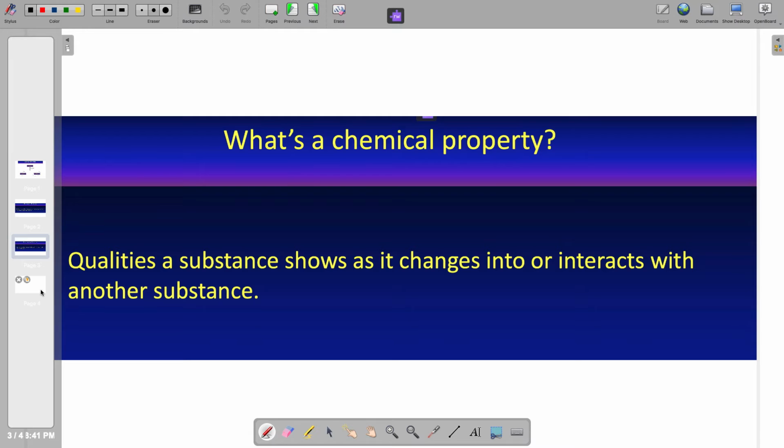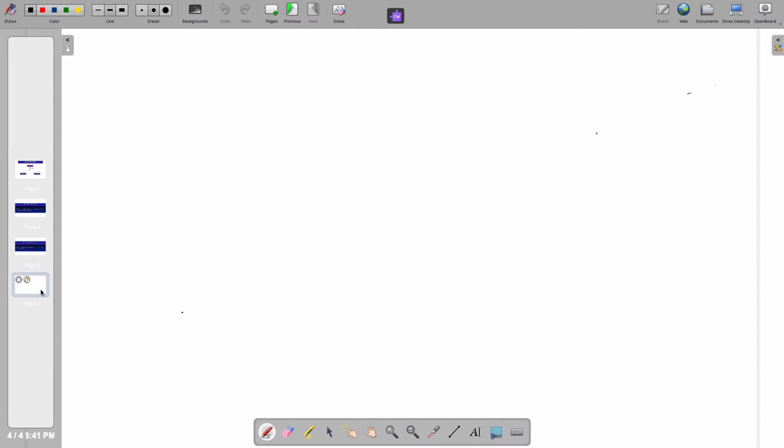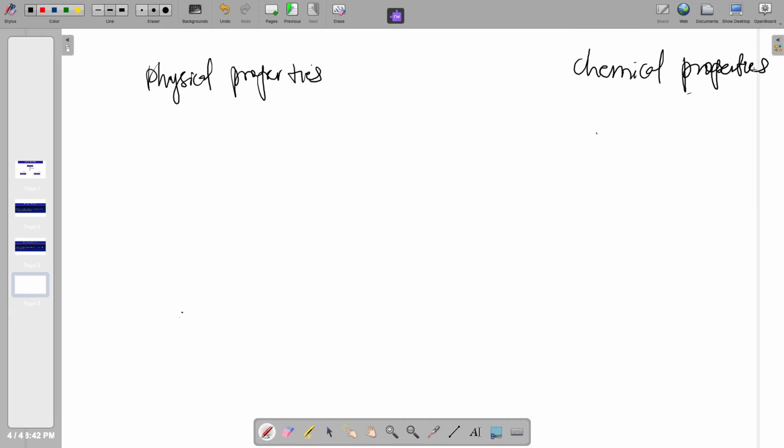So what are examples of physical and chemical properties? To list some examples, I'm going to write physical properties over here, and I'm going to write chemical properties over here. So what are examples of physical properties?